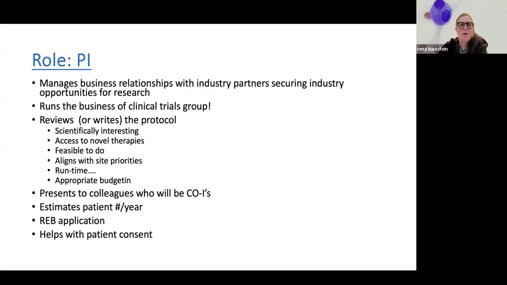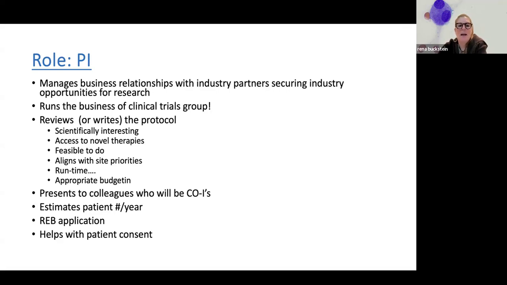They're the ones that will often be approached by industry partners to say, are you interested in opening this study? Or they may be the individual who conceives of a study and then approaches industry for funding for their investigator-initiated study.